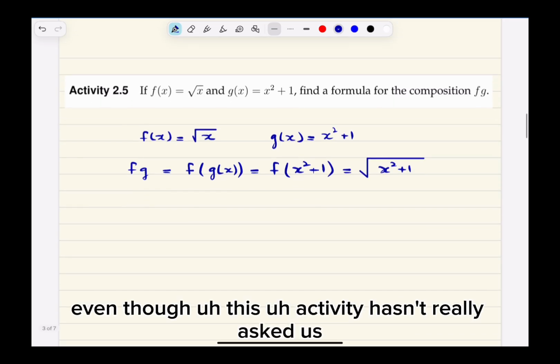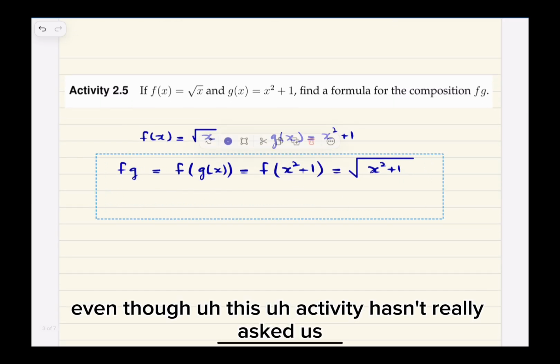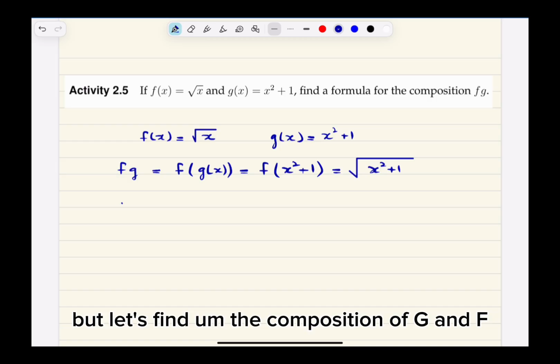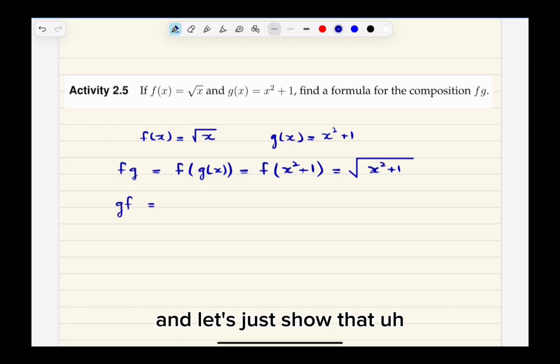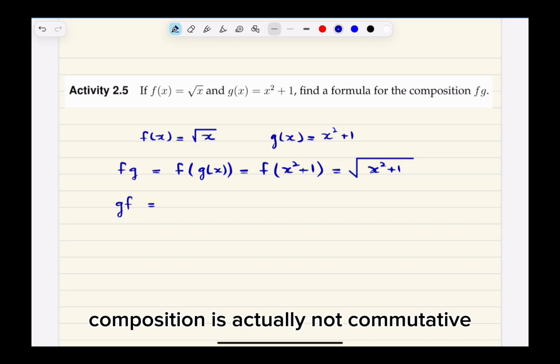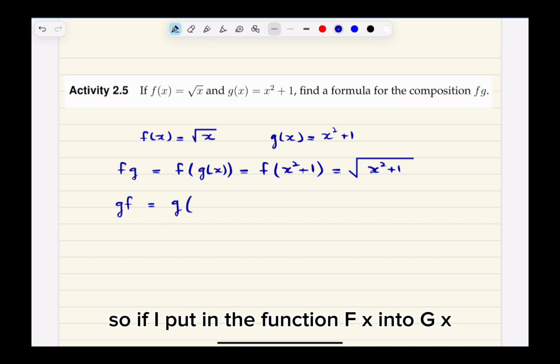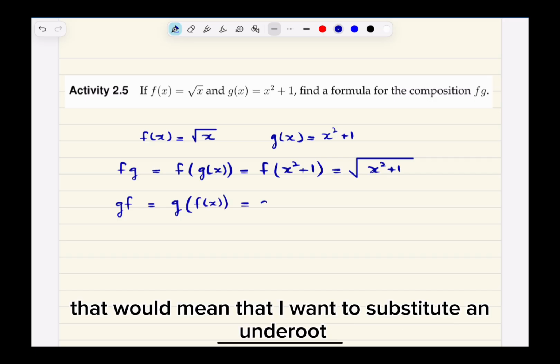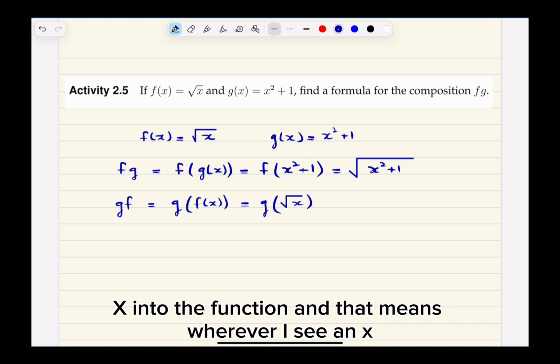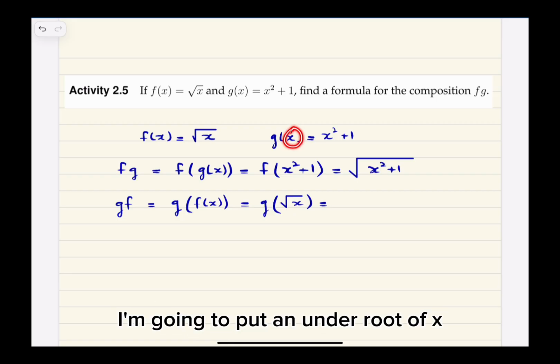Even though this activity hasn't really asked us, let's find the composition of g and f, and let's show that composition is actually not commutative. If I put the function f(x) into g(x), that would mean I want to substitute the square root of x into the function, and that means wherever I see an x, I'm going to put the square root of x.